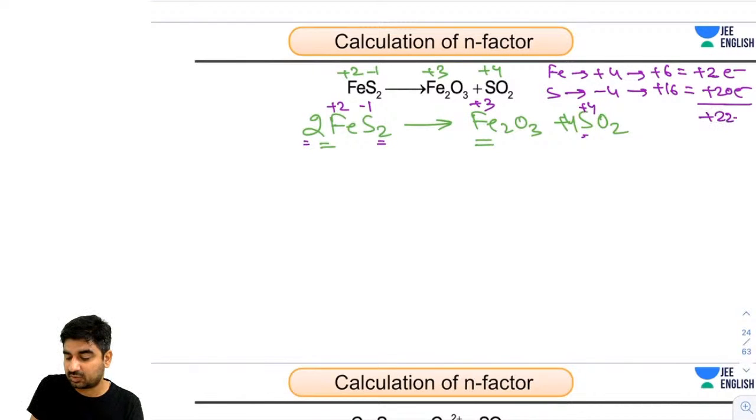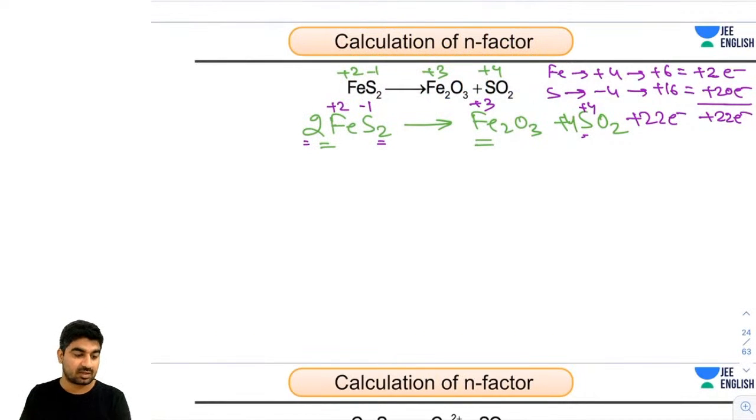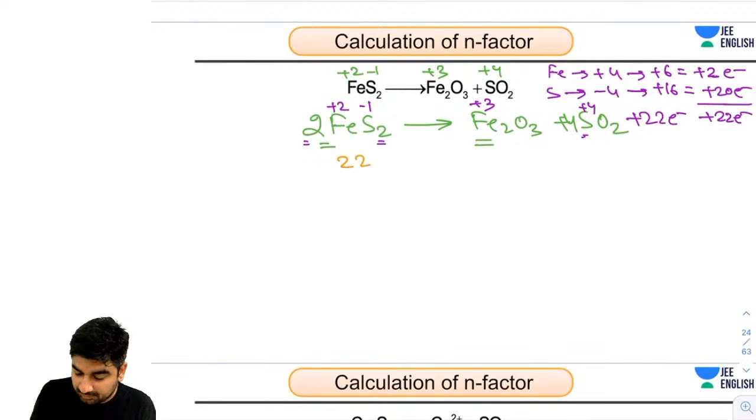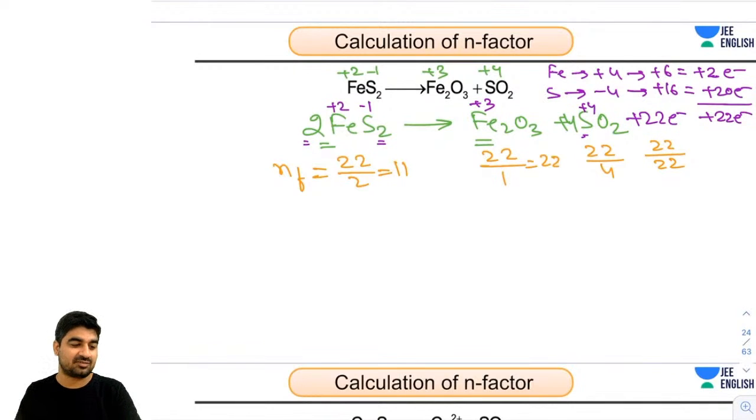So there is 22 electron loss. And if there is loss of 22 electrons, so what would happen? 2 by 4. Yes, guys, these are the n factors. You can do this.